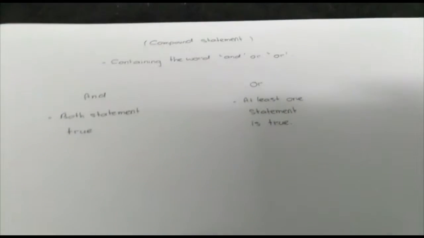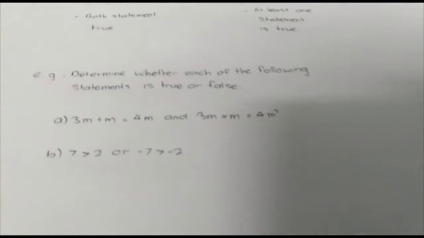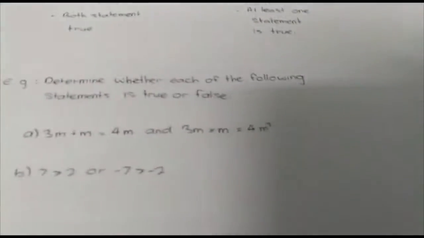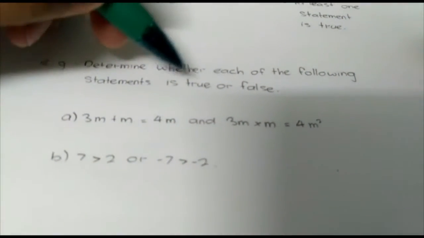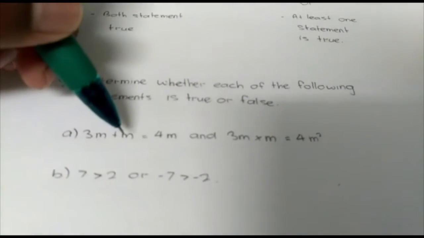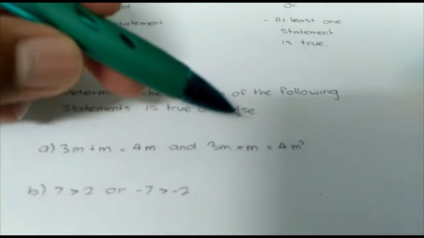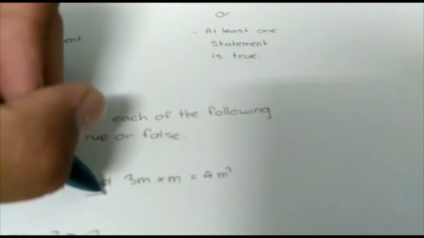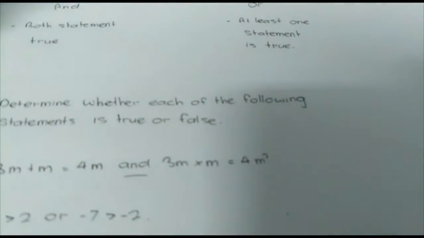So let's do some example questions. The example question I want to give to all of you is: determine whether each of the following statements is true or false. Look at question A: 3m plus m equals 4m and 3m times m equals 4m squared. For 'and', both of the statements must be true.